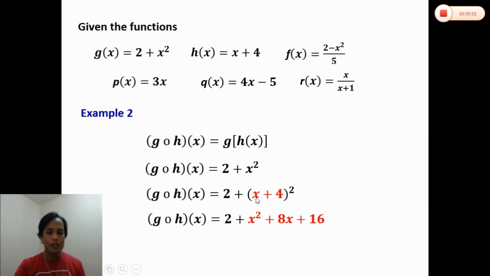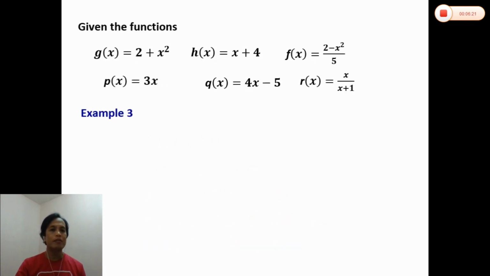So x times 4 is 4x, times 2, that is 8x. Then the square of 4 is 16. Then combine like terms. 2 plus 16 is 18. So the resulting function would be x squared plus 8x plus 18.